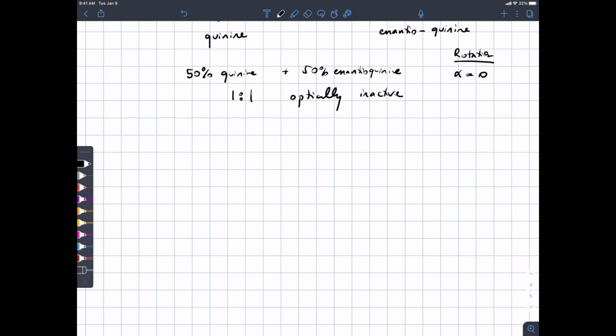So suppose I have a mixture of unknown composition of, we'll call quinine Q, and we'll call enantioquinine Q with the star. So I have a mix that is X% Q and Y% Q star, where X plus Y equals 100. And I observe for the mixture an optical rotation of 82.5, and it's in the positive direction.